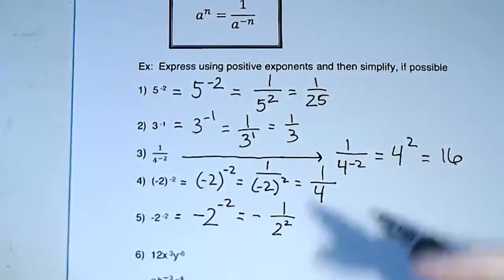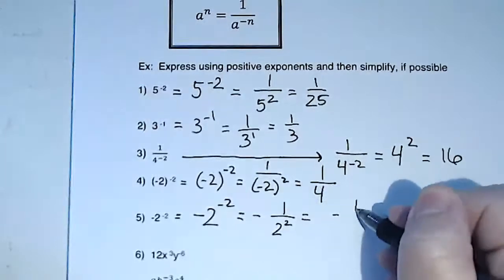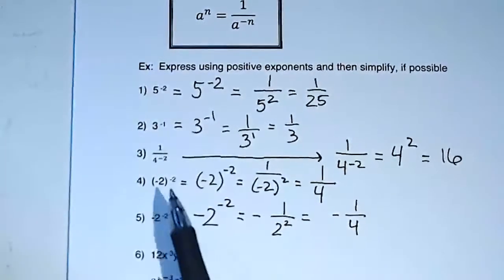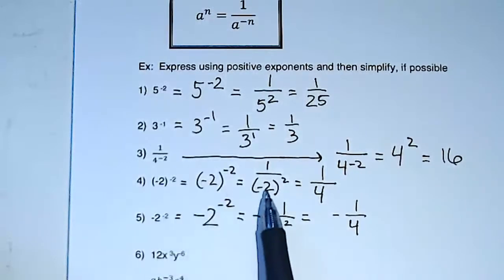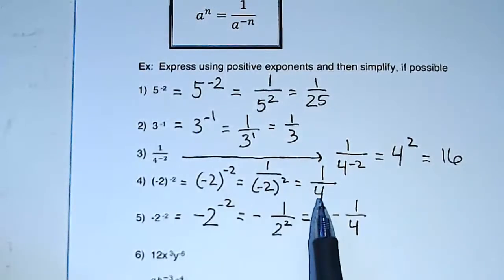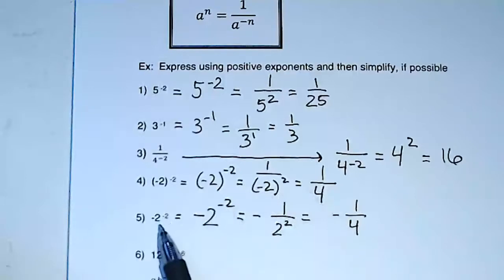Isn't that a little weird? And then we get negative 1/4. So yet again, we're noticing parentheses end up squaring that minus sign, so we get a positive answer. No parentheses, no squaring of the minus sign, negative answer. Woohoo.